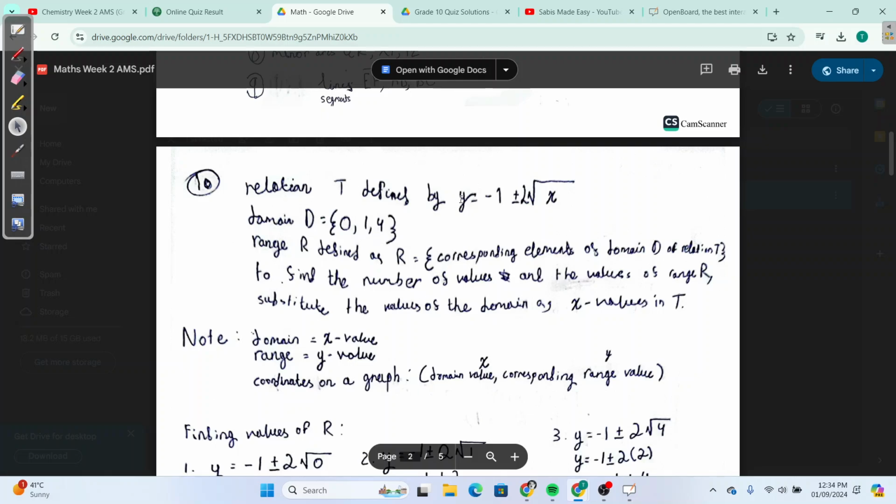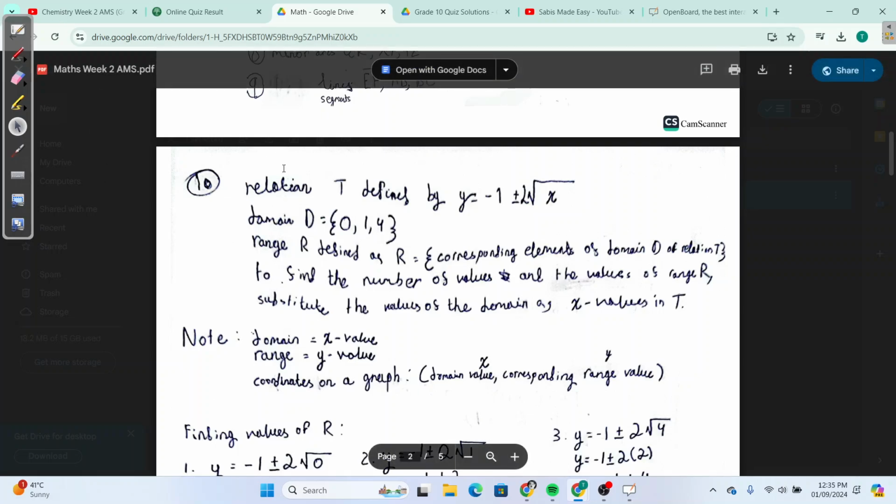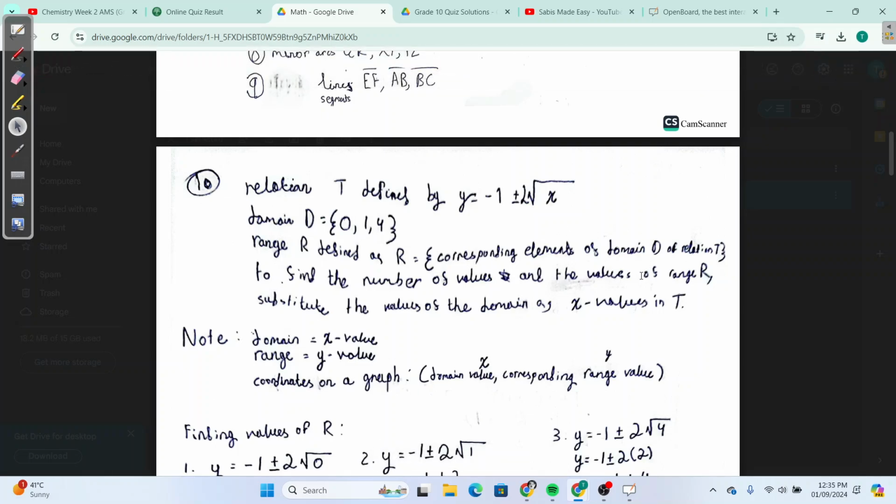So relation T is defined by the rule y equals negative 1 plus or minus 2 root x. They gave you the domain D defined as the values 0, 1, and 4. You define range R, so I wrote range R defined as the corresponding elements of domain D and of relation T, because the range corresponds to the domain in a relation.